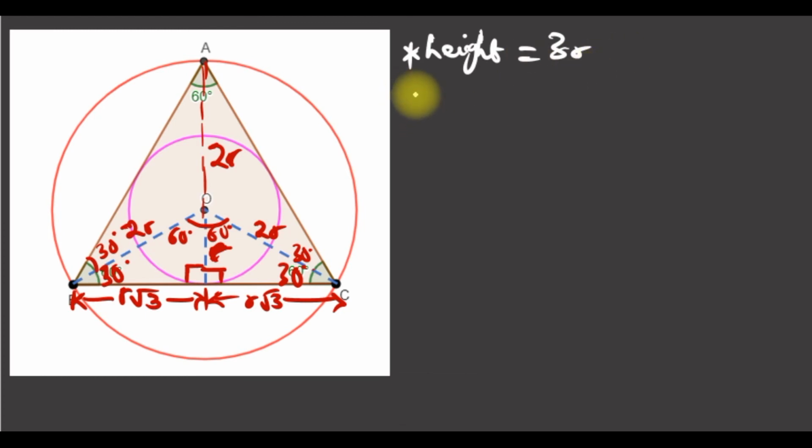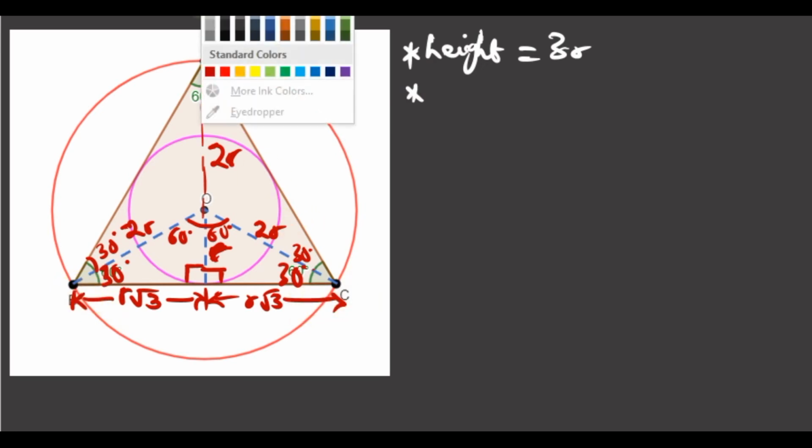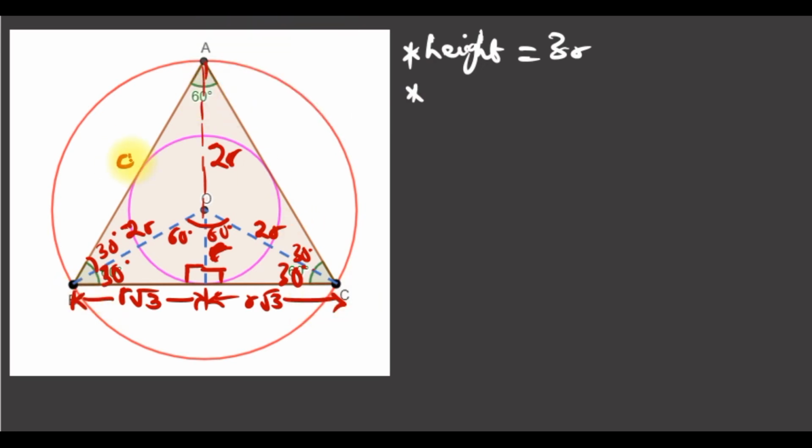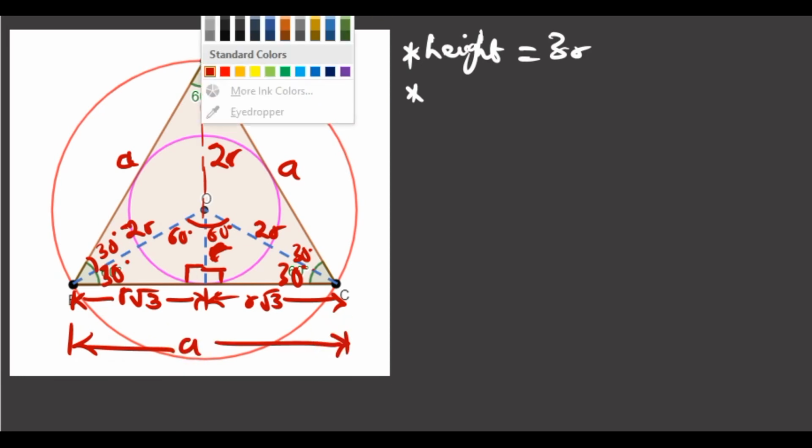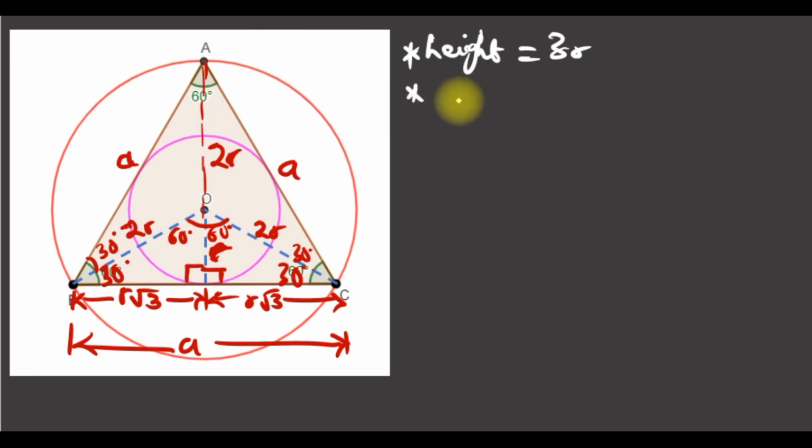So the second thing we are going to see here is that, remember the side, assuming we call the side of the triangle A. So here is also A. So we see that the side is now 2R times root 3.